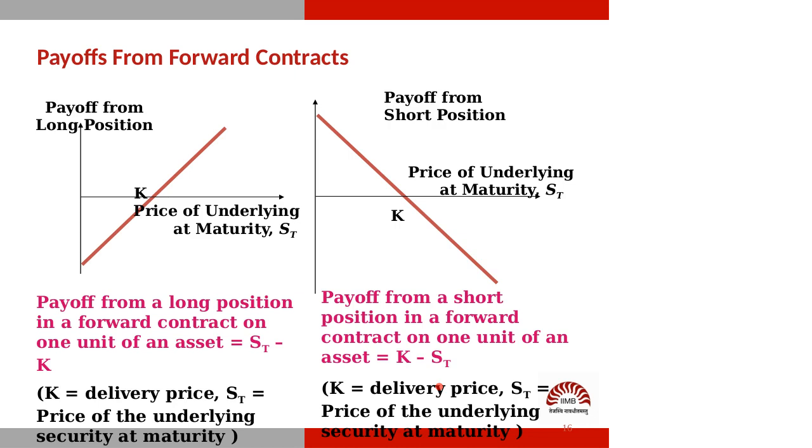The benefit that you can get is that you have been able to sell an asset whose market value is 0 at a price K. So the maximum profit you can make is K, because you can sell a worthless asset, taken to have a 0 value, at a price of K. So these are the payoffs from forward contracts.